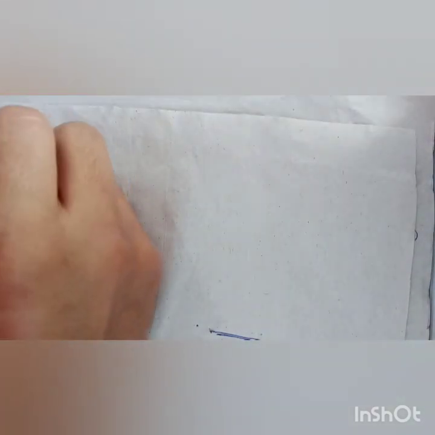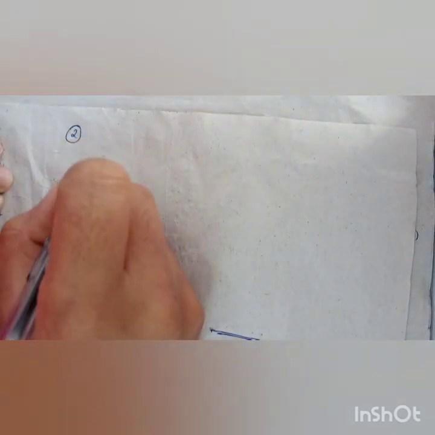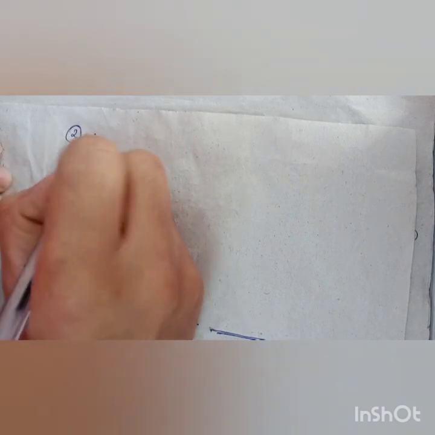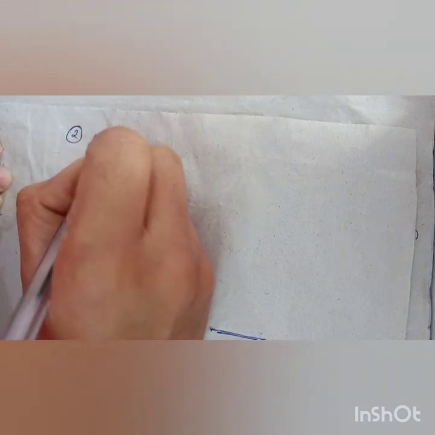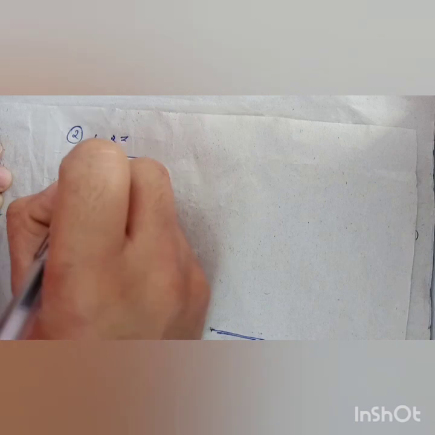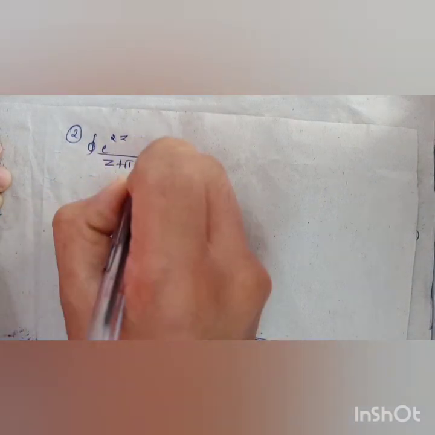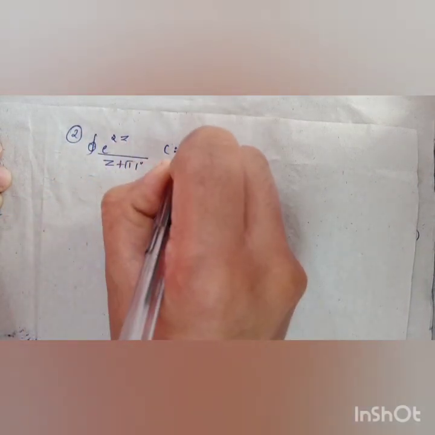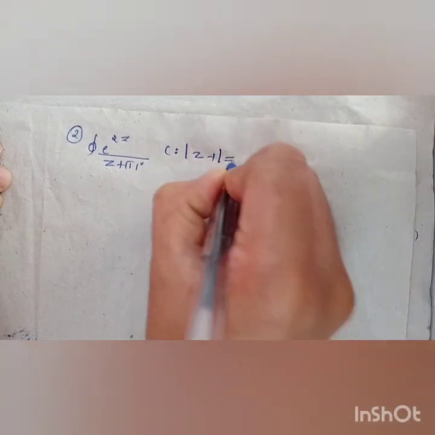Here is the second question about contour integration: e raised to 2z divided by z plus pi i. The contour is such that |z minus 1| is equal to 4.